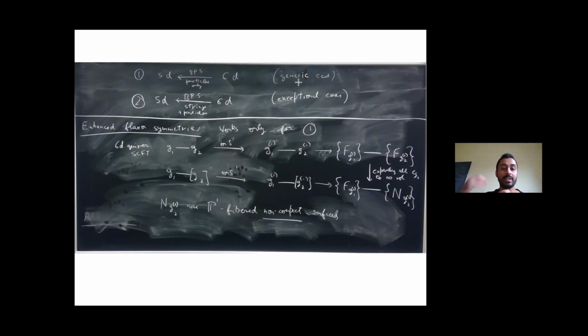It includes lots of infinite families of theories. Then there is a second case in which 5D SCFTs are obtained from 6D SCFTs, but you need to integrate out some BPS strings as well during the RG flow. And these are a handful of exceptional cases of this classification. The conjecture states that these two cases should be the full classification.